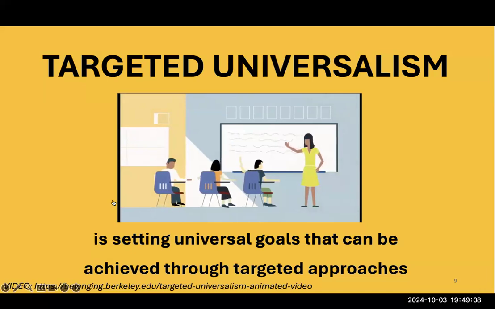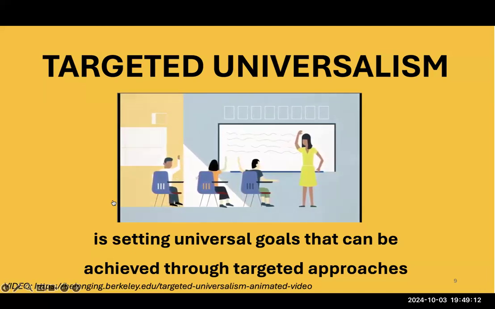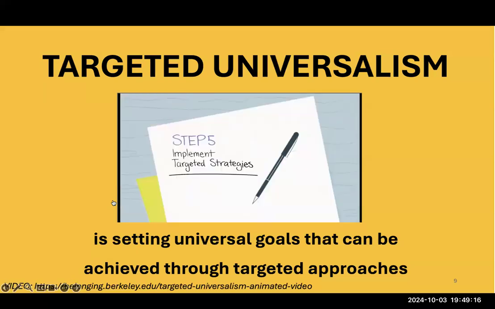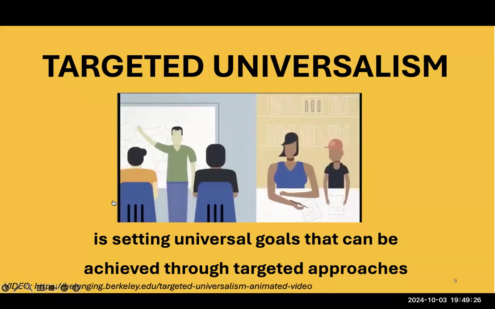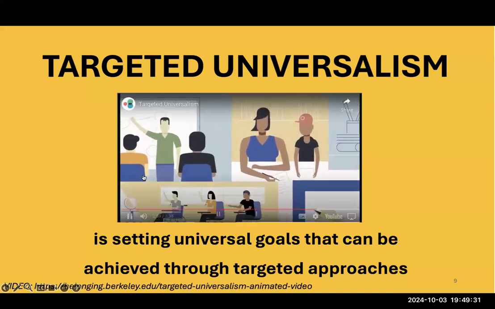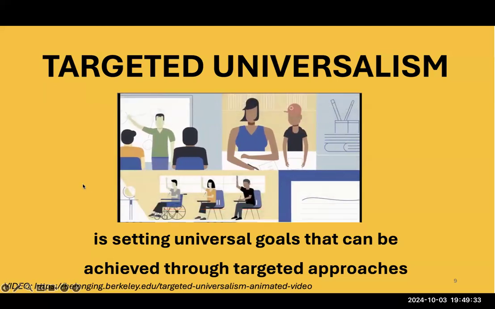For Latinx students, classroom instruction materials and lessons designed for English speakers may impede learning, including math proficiency. Finally, implement targeted strategies so that each and every group can achieve the universal goal based upon their needs and circumstances. This may take the form of ESL-specific math tutoring for our Latinx students, while another group may require a completely different strategy to achieve the same universal goal.